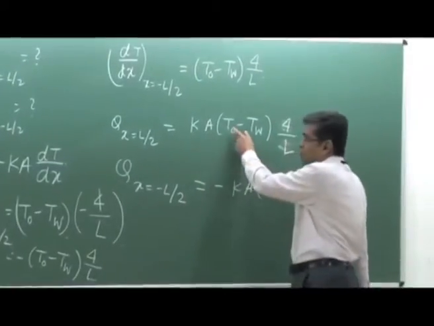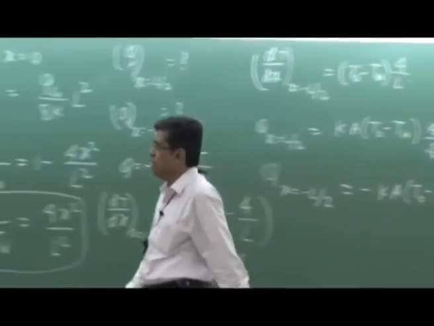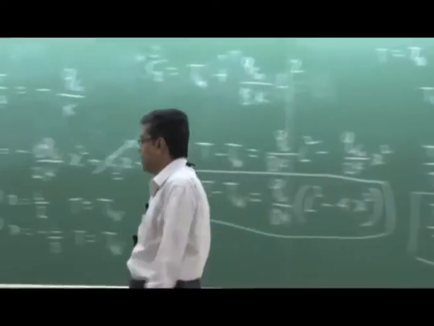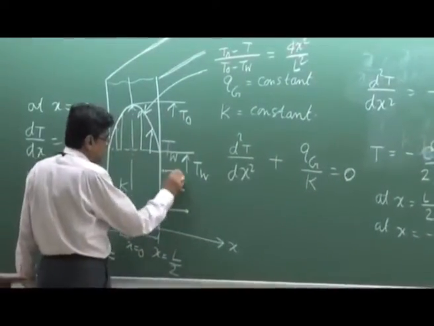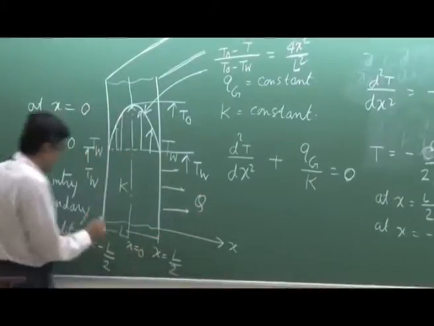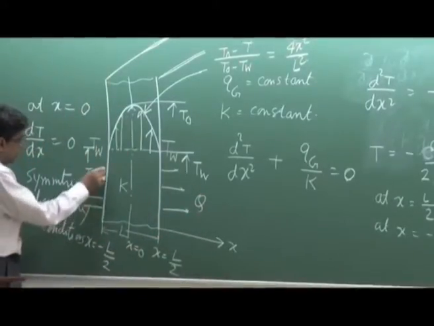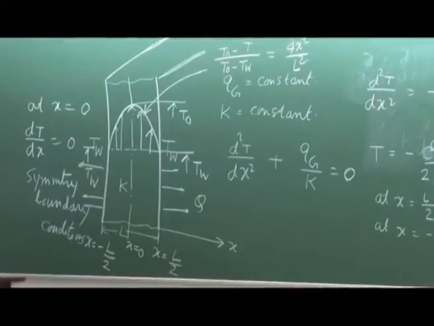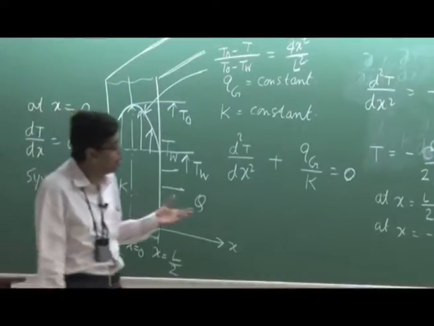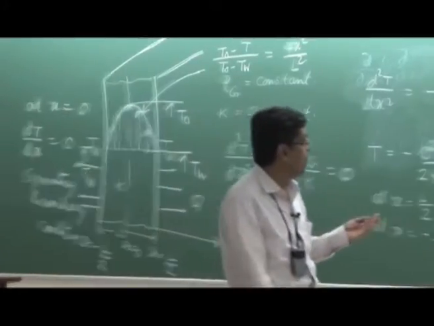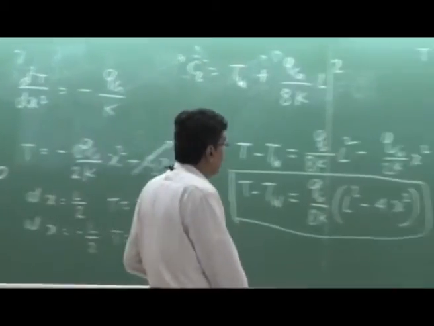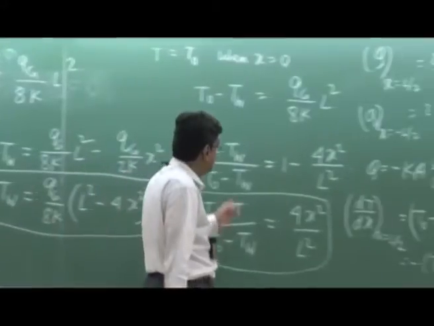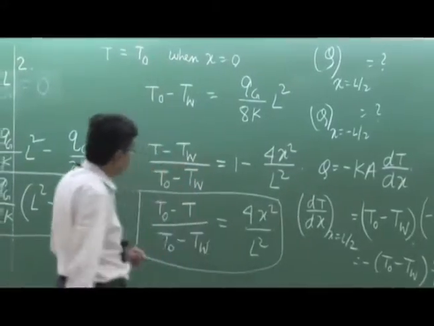Now here the positive sign indicates that the heat is transferred in the positive direction of x. This is Q, and here heat is transferred in the negative direction of x. So therefore, we can find out the heat transfer from the two surfaces by finding out this dt dx.